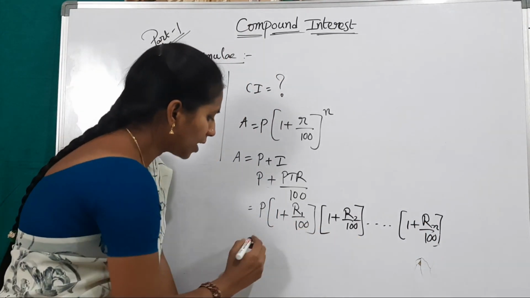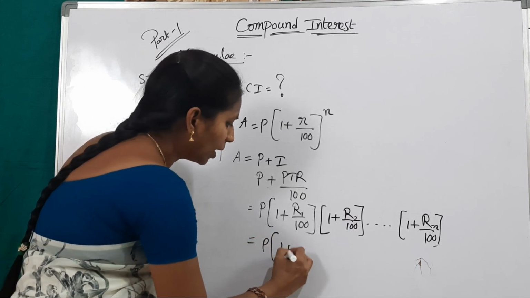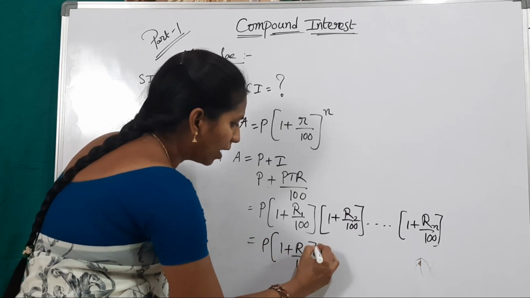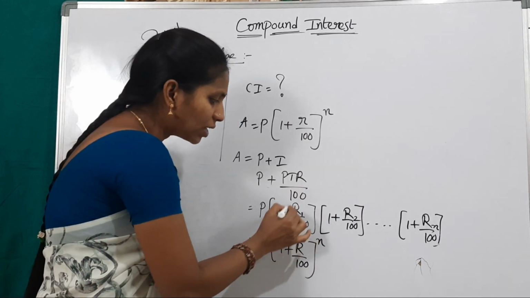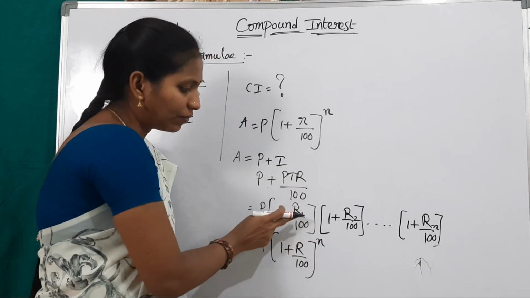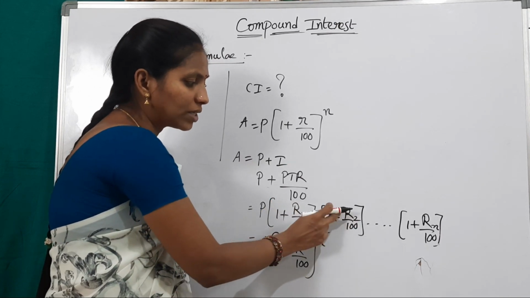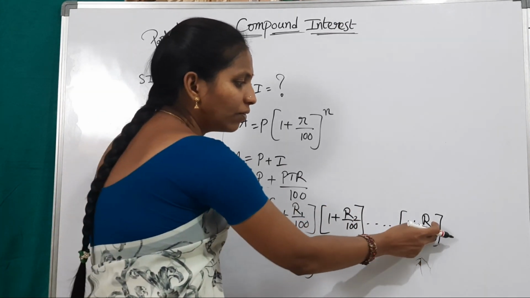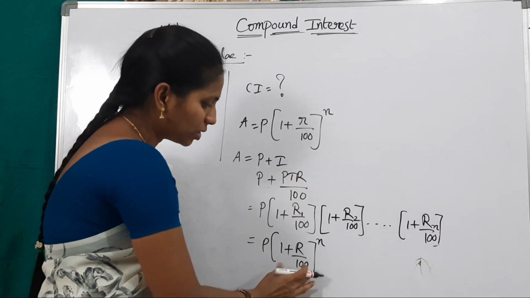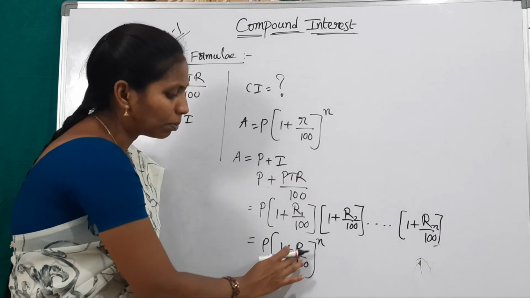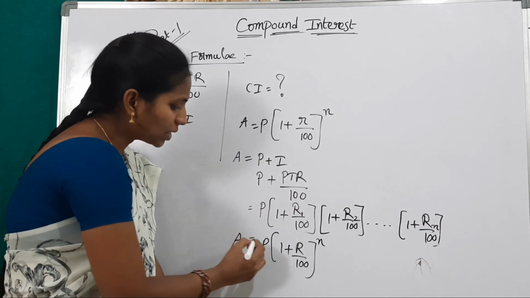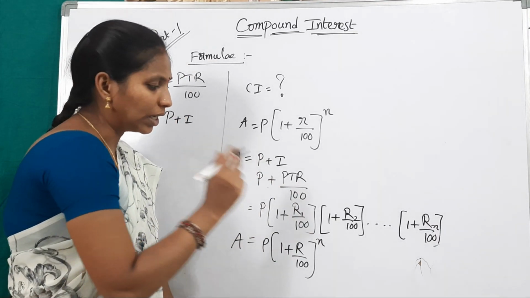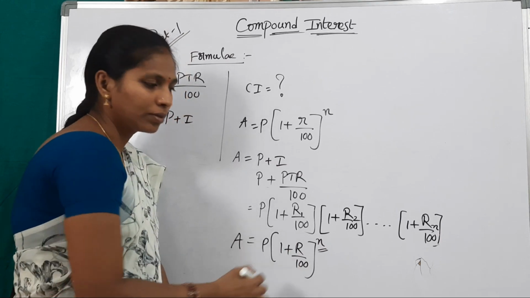We can write this as P into (1 plus R by 100) whole to the power of N. If the rate of interest is the same for the first year, the second year, and the nth year, then the formula is P into (1 plus R by 100) whole to the power of N. What is this? The amount after the nth year.